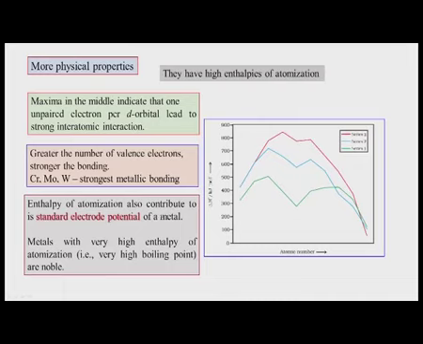And this particular thing, that means the enthalpy of atomization, will also be important when we talk in terms of the corresponding contribution for electron transfer.